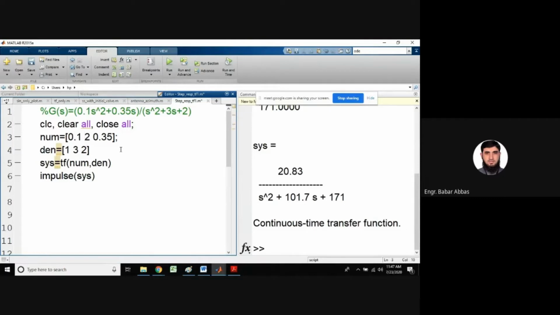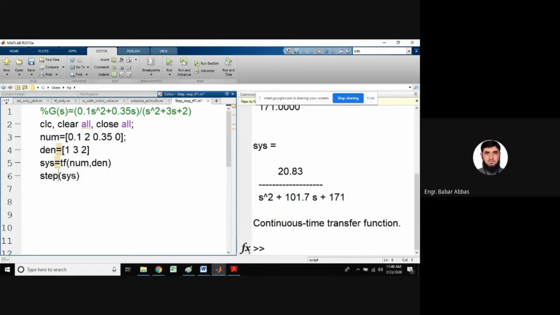Here, in the numerator, we have 0.1 s square plus 0.35 s, and the constant coefficient is 0, so let me write 0 here, the missing constant. Similarly, I can write 1, 3, and 2 here. So this is the system transfer function, and let me write the step response of this transfer function having some initial conditions.